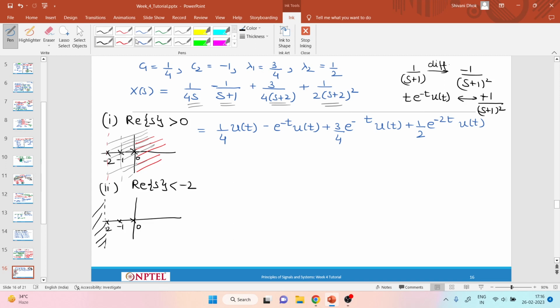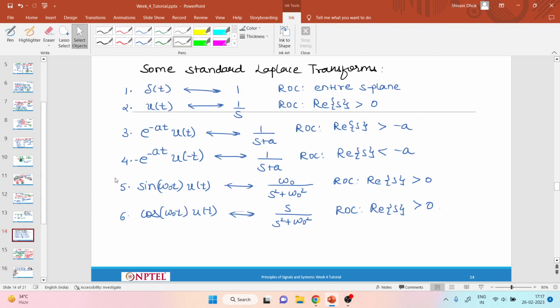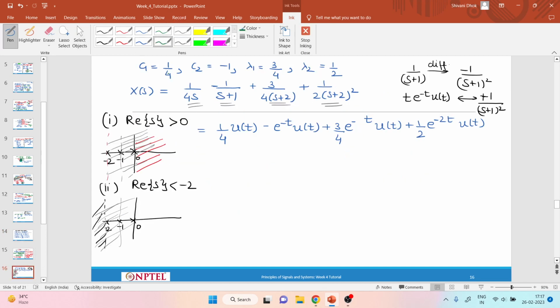I'll get this only when this 0 is also contributing in this direction and this minus 1 is also contributing in this direction, which means that all of my signals are left hand sided. So if I consider all of them as left hand sided, then 1 upon s plus a will give me a term something like e power minus at u of minus t.